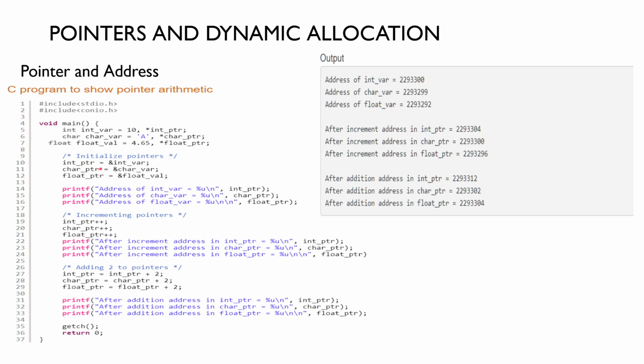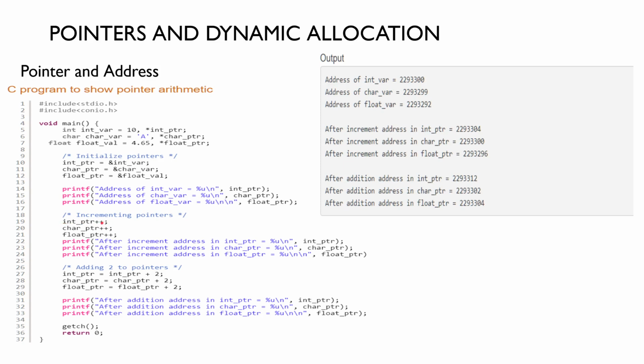We set int pointer to the address of int var, char pointer to the address of char var, and float pointer to the address of float val. We use printf to print their values as unsigned integers, and so we get them out over here. The numbers don't particularly matter because they're essentially random. They'll just be wherever there is free space in memory.